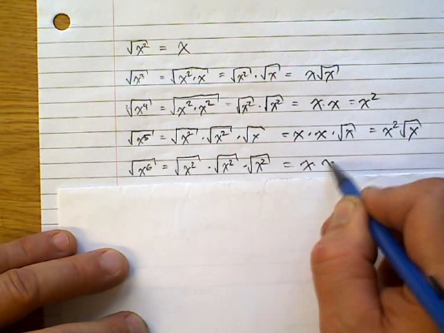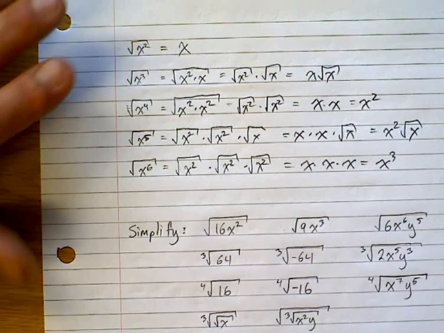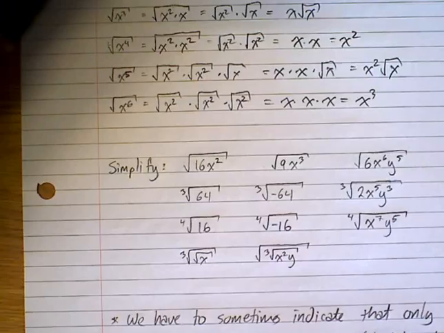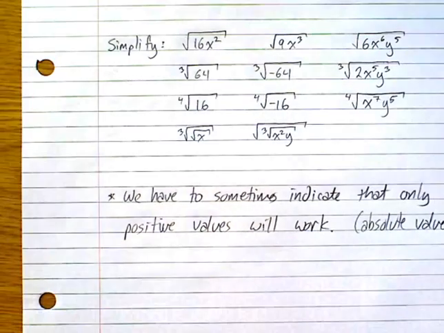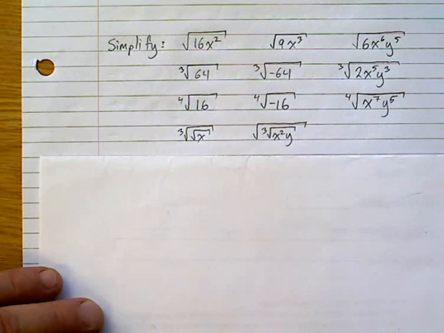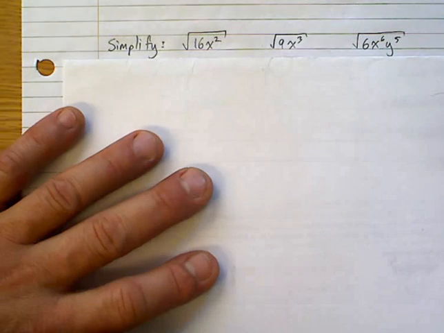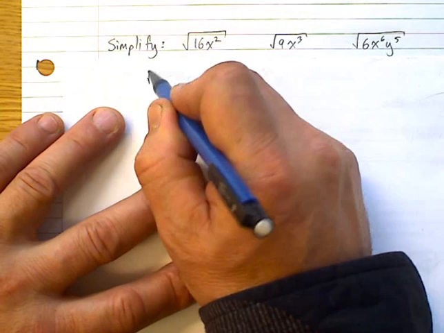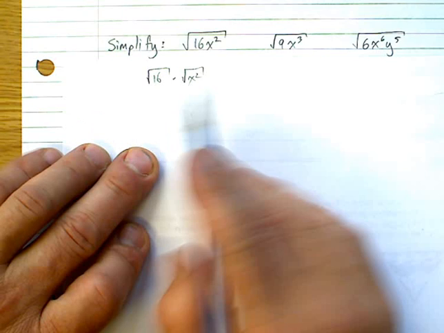Now, here are a bunch of questions that I'm going to ask you to try, and I will go over them one by one. So let's start up here. You can think about it as the square root of 16 times the square root of x squared. Both of those are perfect squares, so it simply becomes 4x.